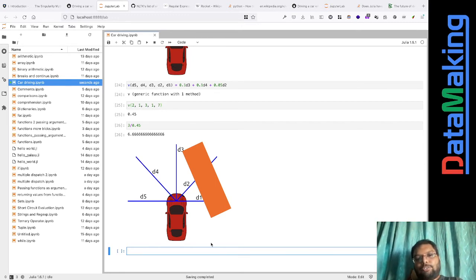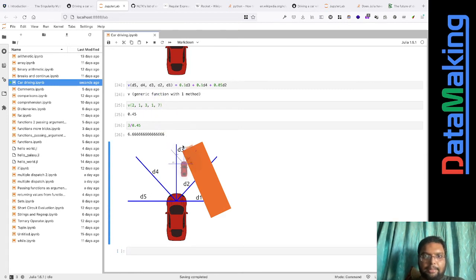For that, D1 and D2 should be decreasing, and D4 and D5 might be increasing, and D3 will also be decreasing, if the barrier is kind of infinite and keeps stretching all over the cells.